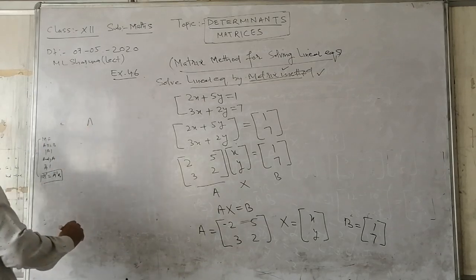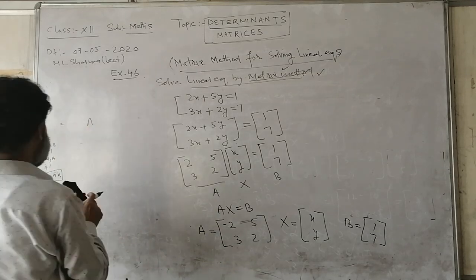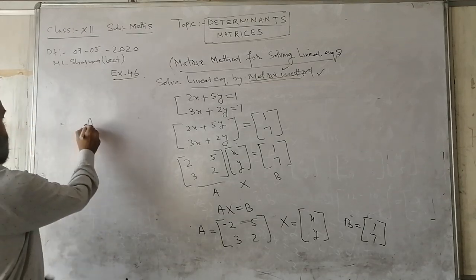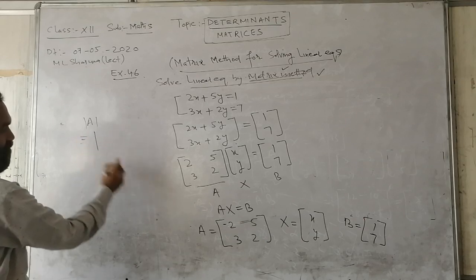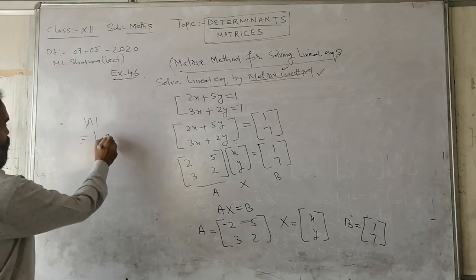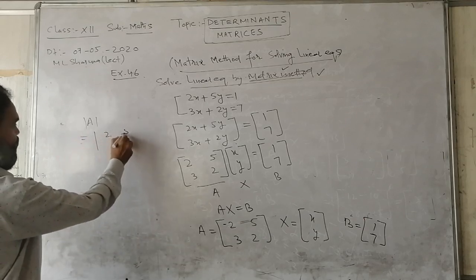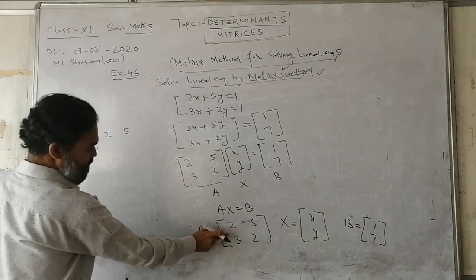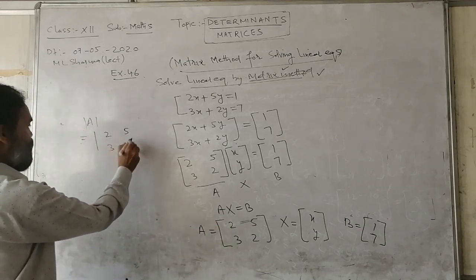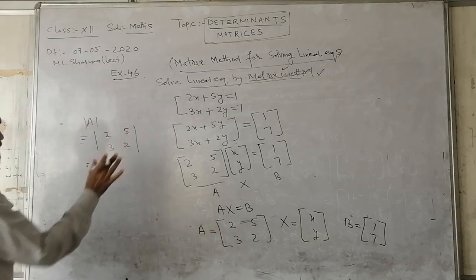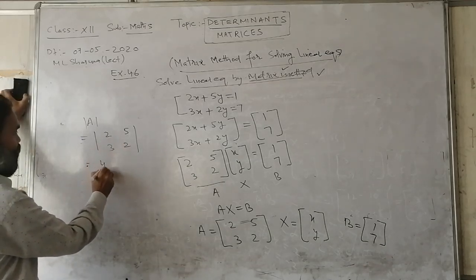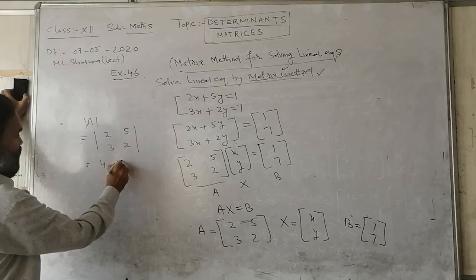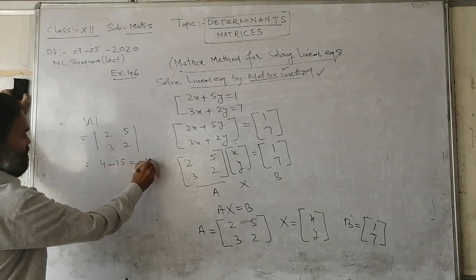Now the next step is to find its determinant. I can find its determinant using this sign. This equals the determinant of 2, 5, 3 and 2. If I expand this, its value will be 4 minus 15, that is minus 11.